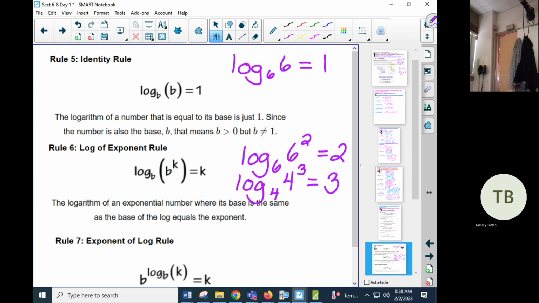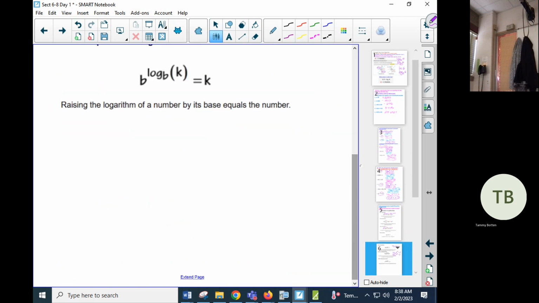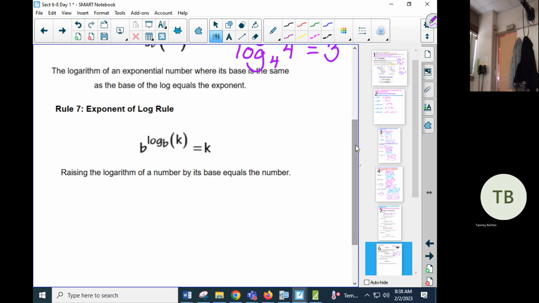Then this last one looks kind of confusing, but if you have a base to the power of log with that same base, this cancels and your answer is just K. So what that would look like is, say that you had 6 to the log base 6 of 100.